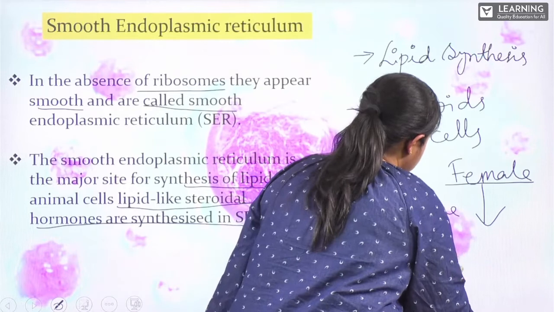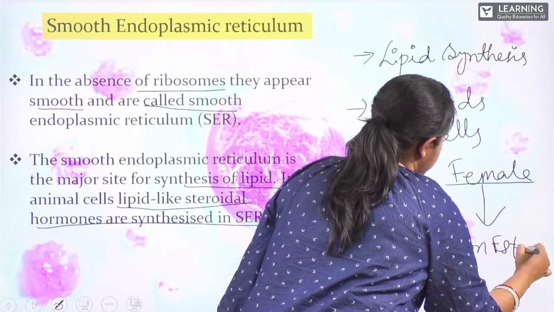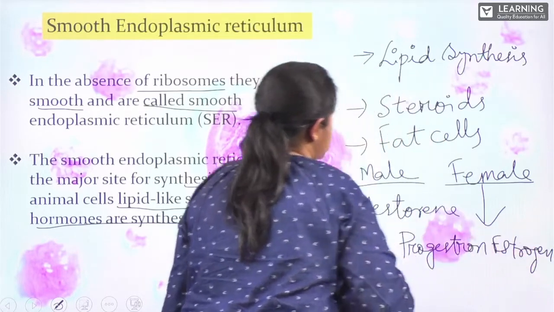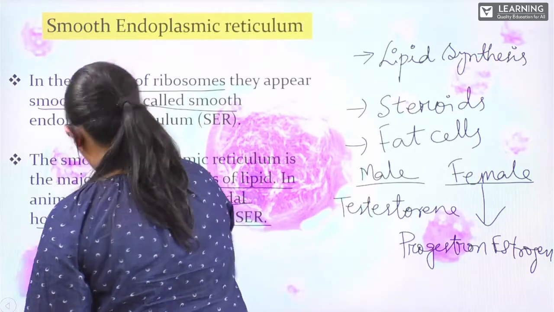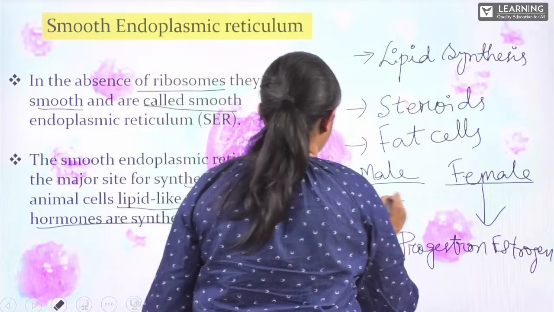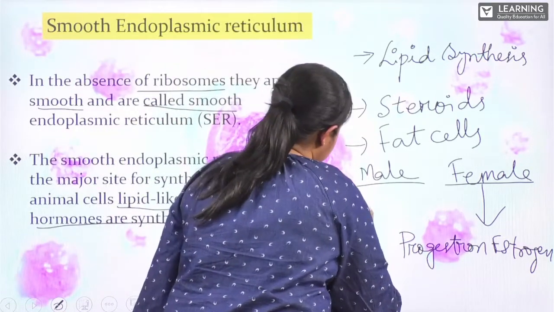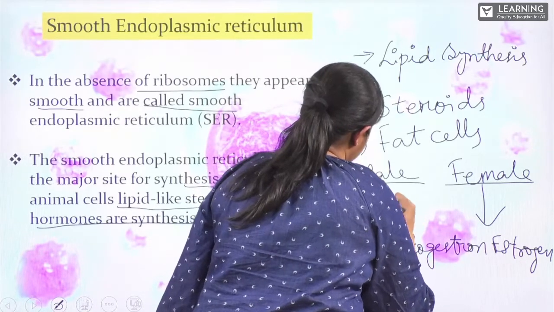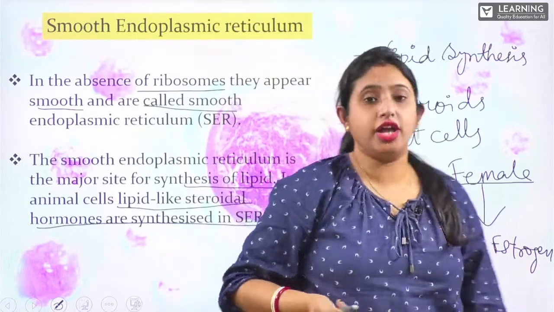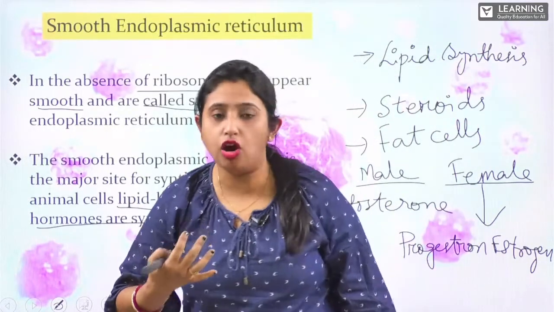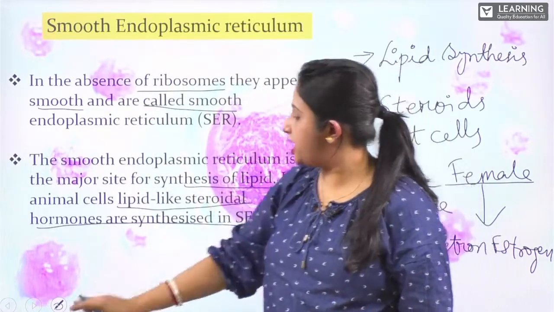Progesterone and estrogen. Testosterone, progesterone and estrogen are the various steroid hormones which are secreted with the help of the SER.